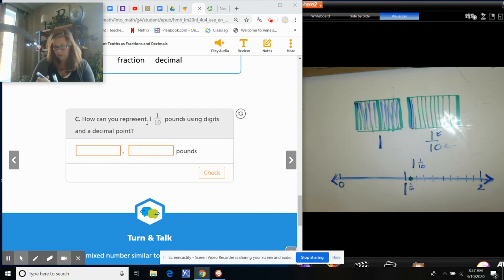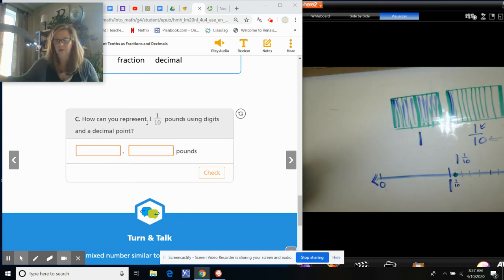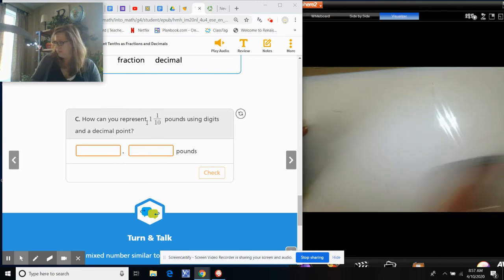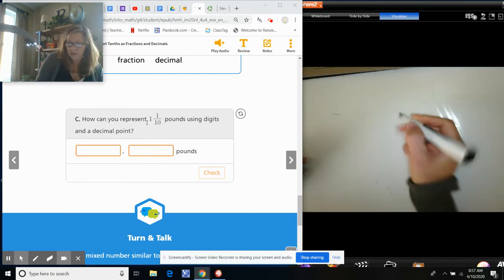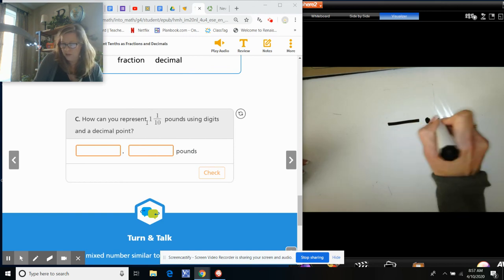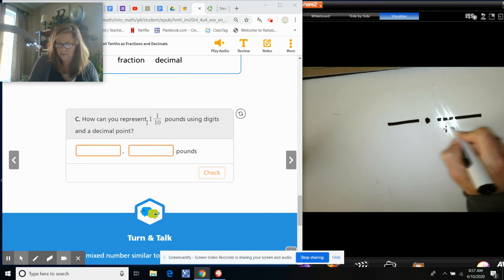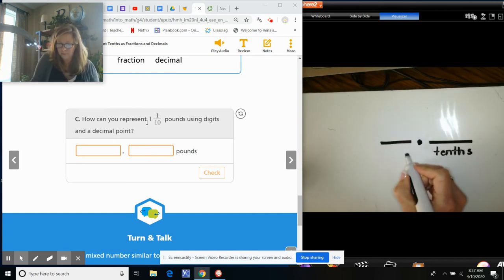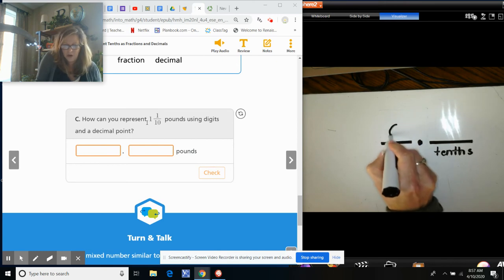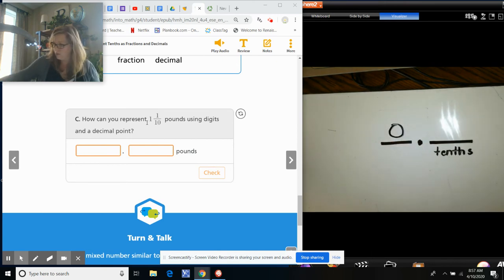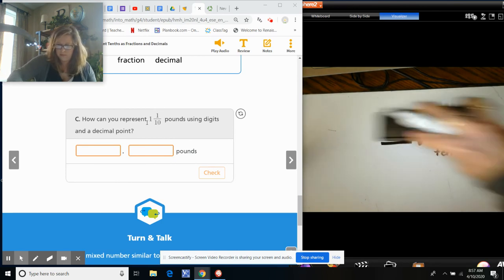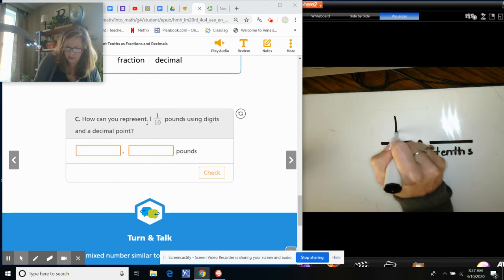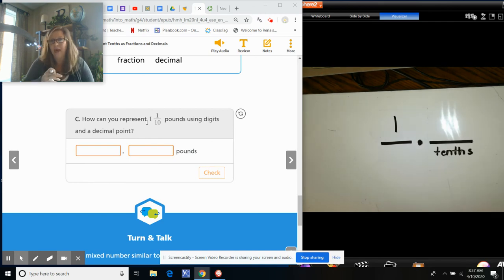Okay, so remember what we had talked about before. I'm going to erase this so you can see what I'm talking about. We talked about our place value positions, and we said the tenths position is the first position right after the decimal point. In this case, we do have a whole number. The whole number is 1. Now, how many tenths are there? Go and look at your fraction. It says 1/10.